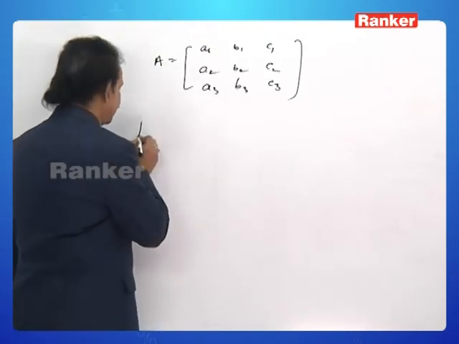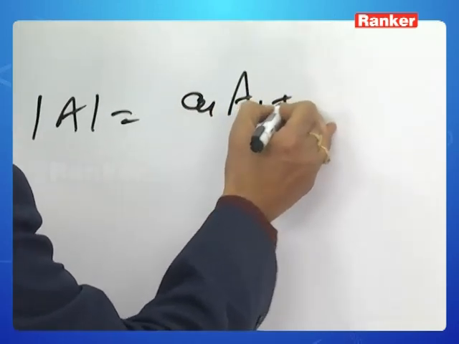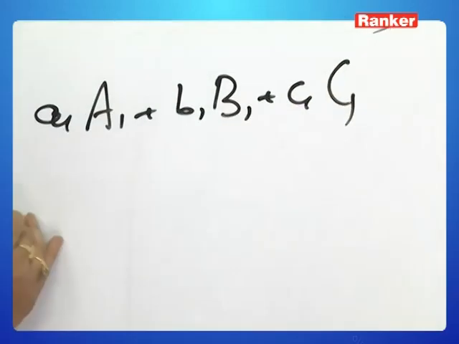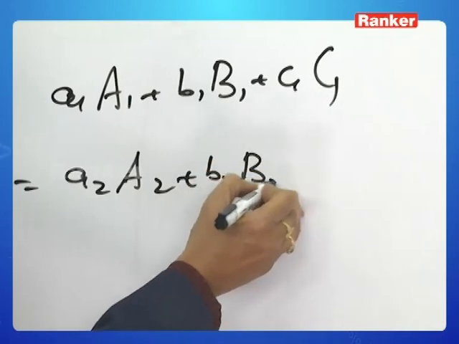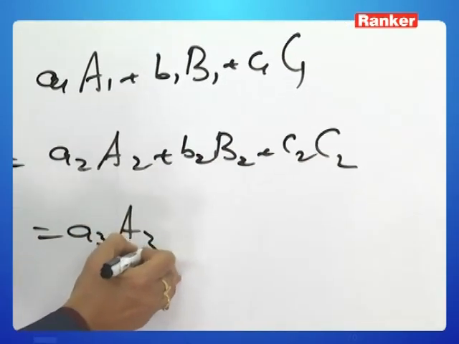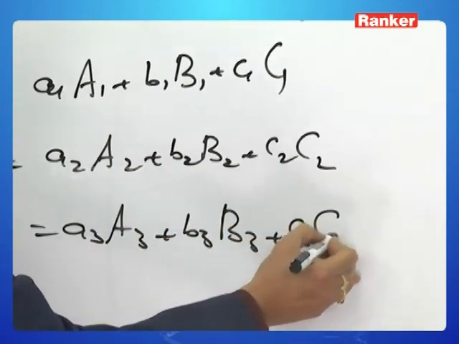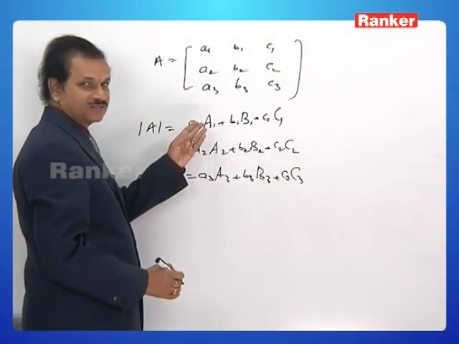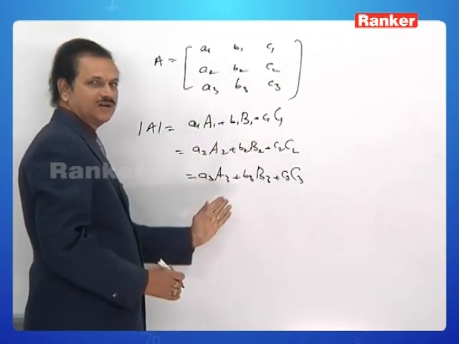Then the determinant A is equal to a1 A1 plus b1 B1 plus c1 C1, equal to a2 A2 plus b2 B2 plus c2 C2, equal to a3 A3 plus b3 B3 plus c3 C3. What is this? The sum of the products of the elements of the first row and their cofactors, second row and their cofactors, third row and their cofactors.